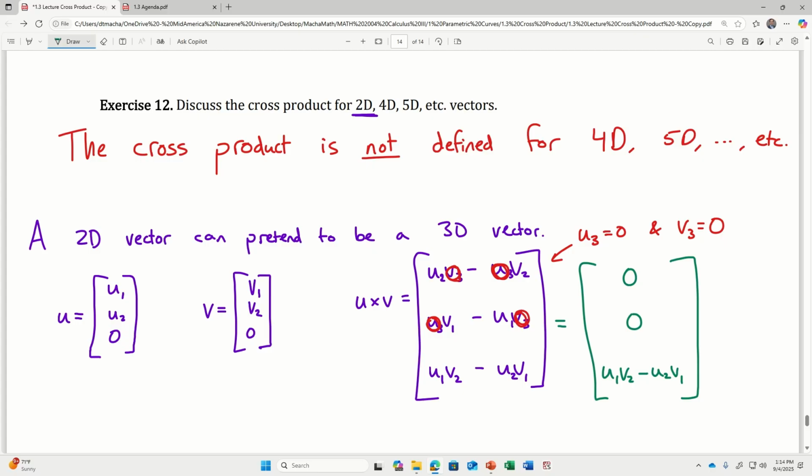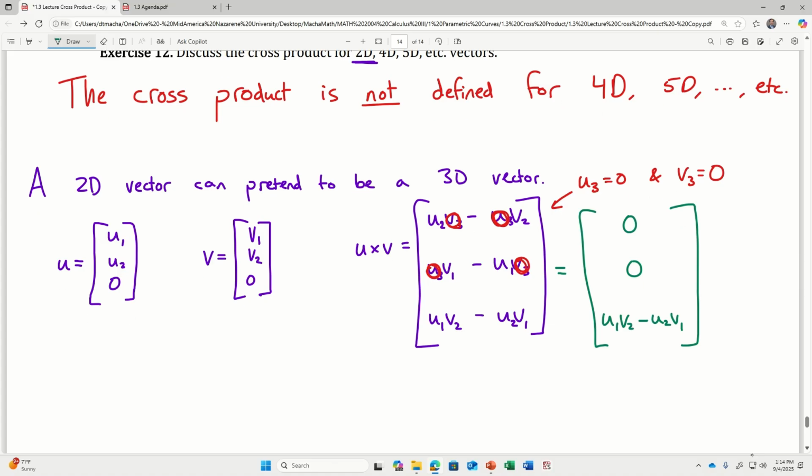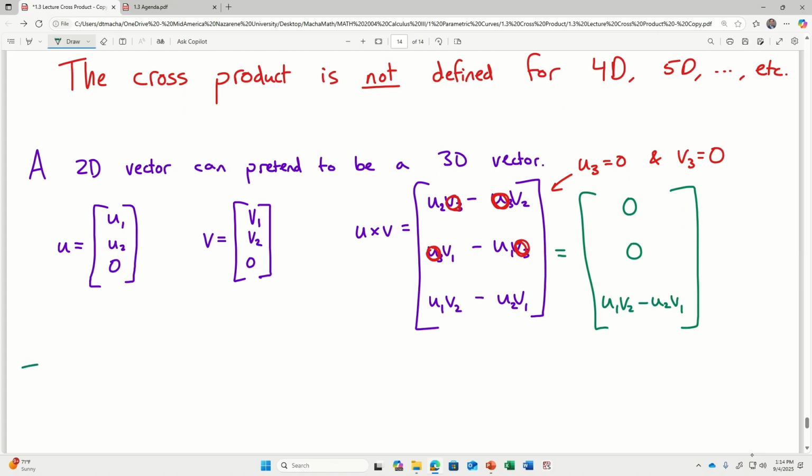And so whenever we take the cross product of 2D vectors, a lot of times we just write down the scalar. The cross product of 2D vectors is a scalar, and the scalar is u1v2 minus u2v1.